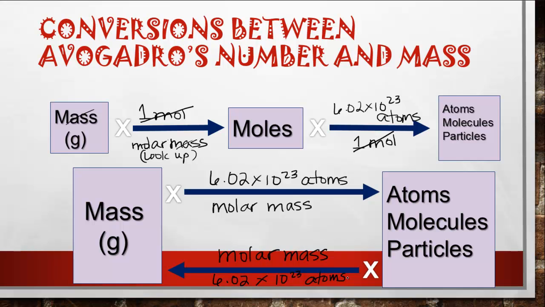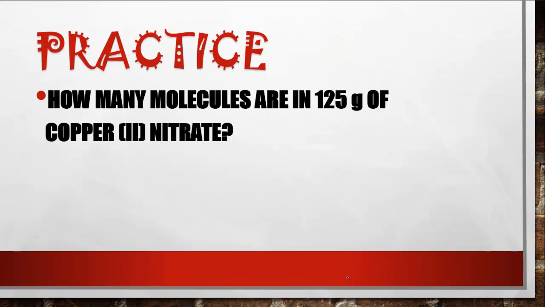So let's look at one of these examples. How many molecules are in 125 grams of copper 2 nitrate? So I'm going to start with my from. This is what I'm changing from.